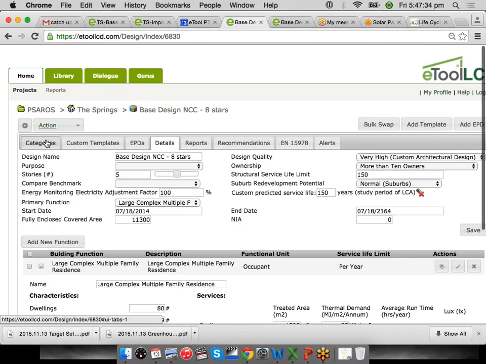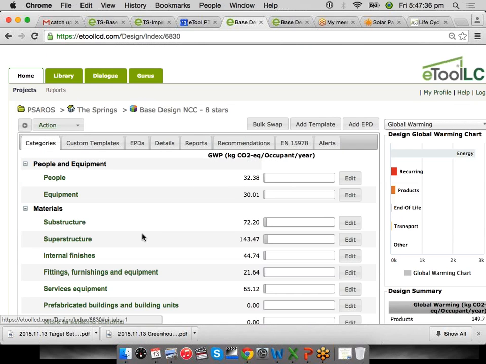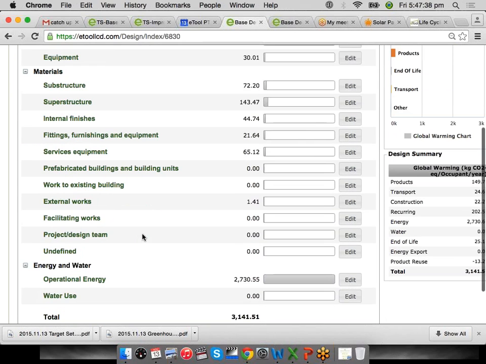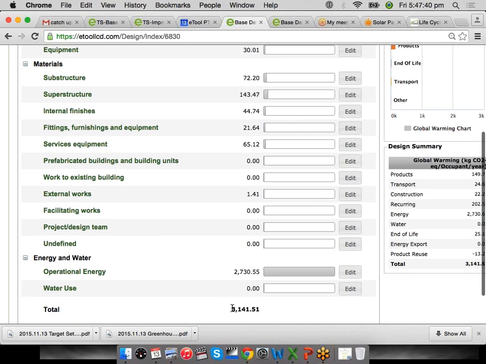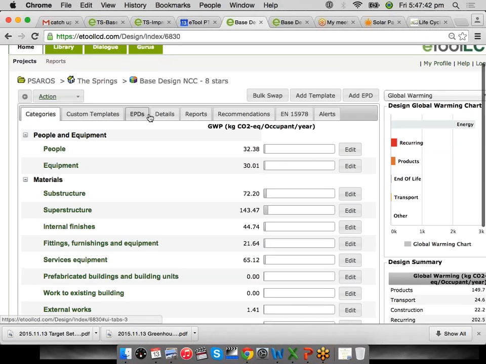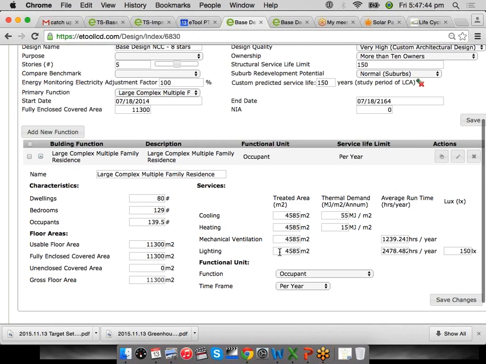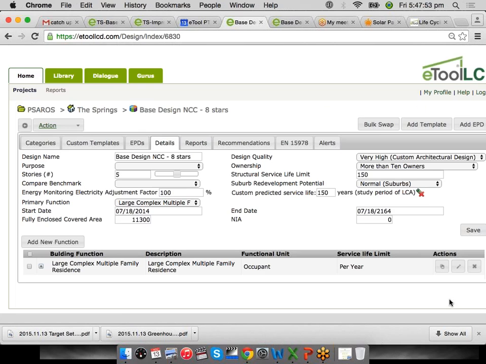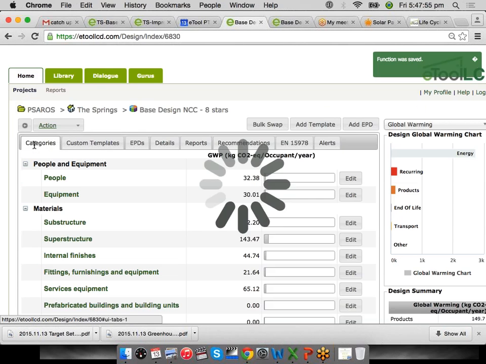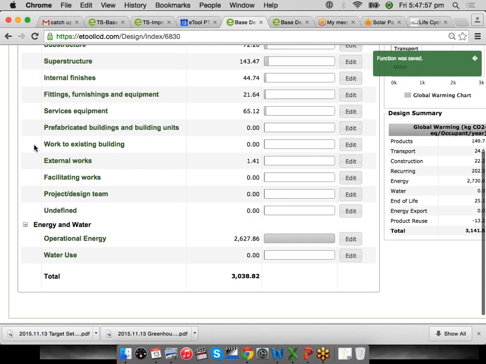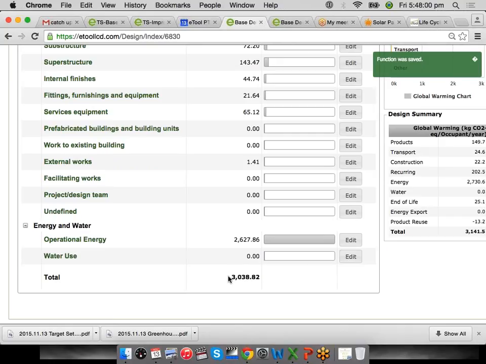So at the moment here we have, for NCC version 3100. If we change that to the 34 megajoules, which I said, you go 25 here and 9 here. That gives you a really small change.